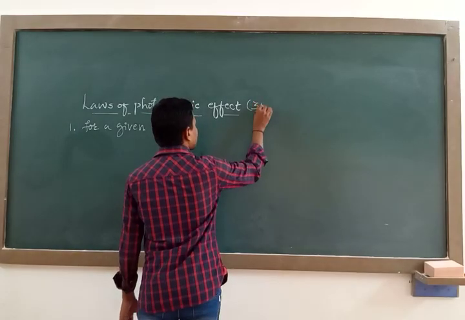These laws are very important, because in the examination, for 3 marks, a very common question is to write the laws of photoelectric effect or explain the laws of photoelectric effect.